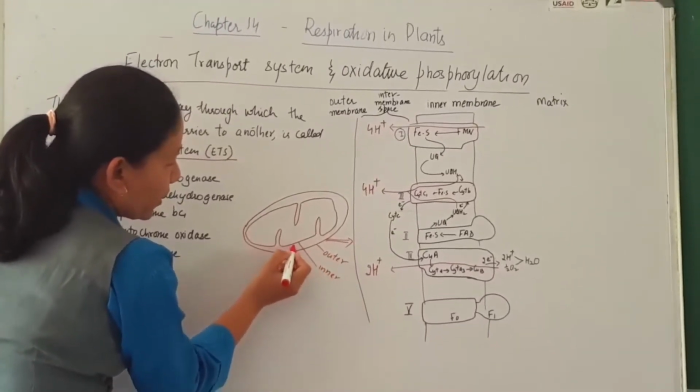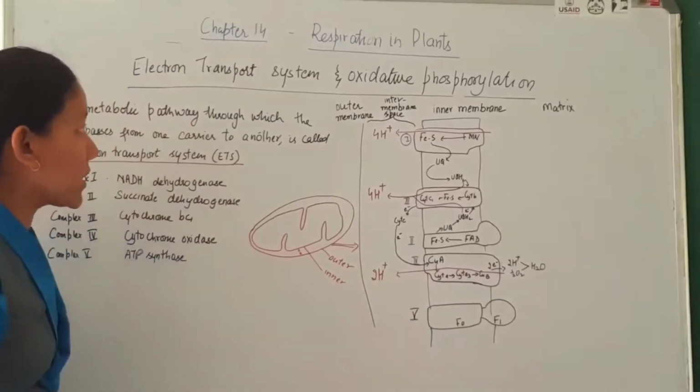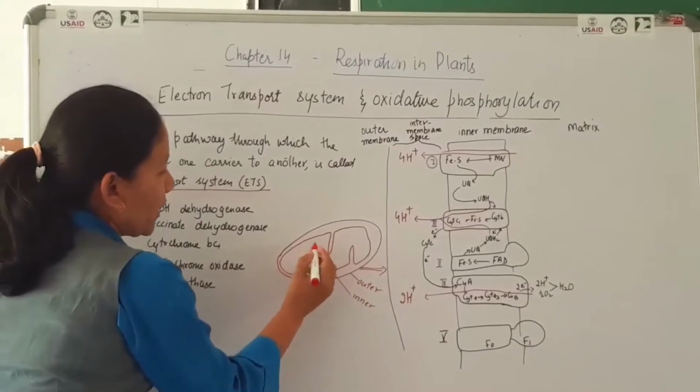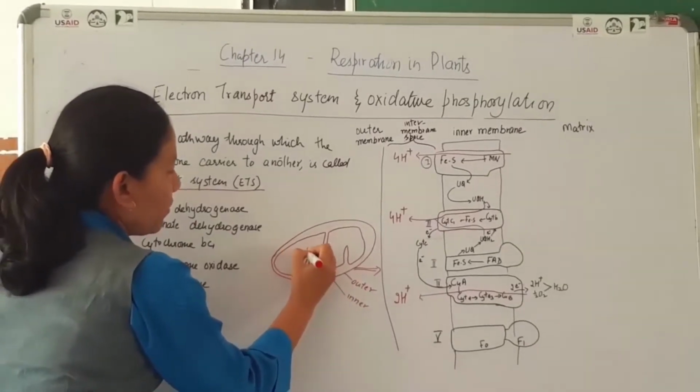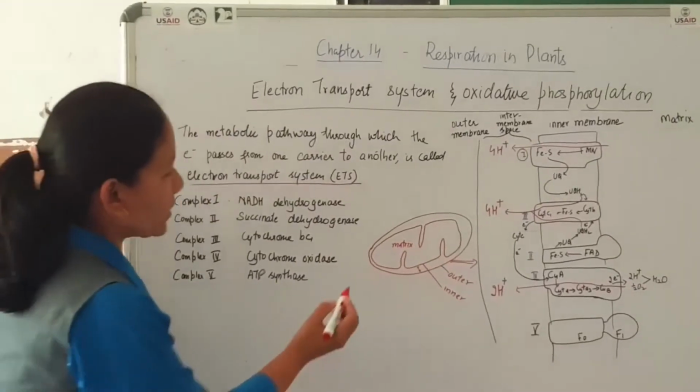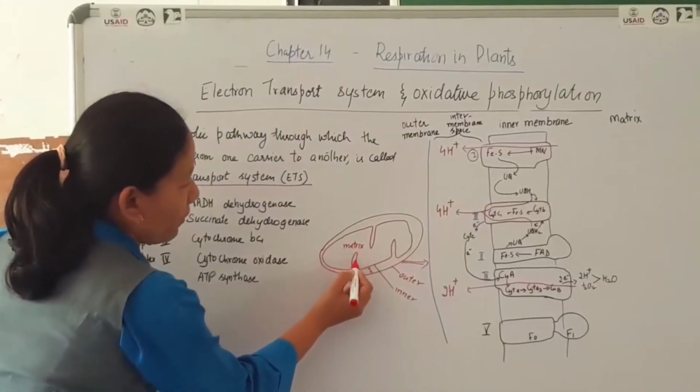And in between these two membranes there is a space called the intermembrane space, and inner to it there is a matrix. Now this ETS takes place in the inner membrane of the mitochondria.